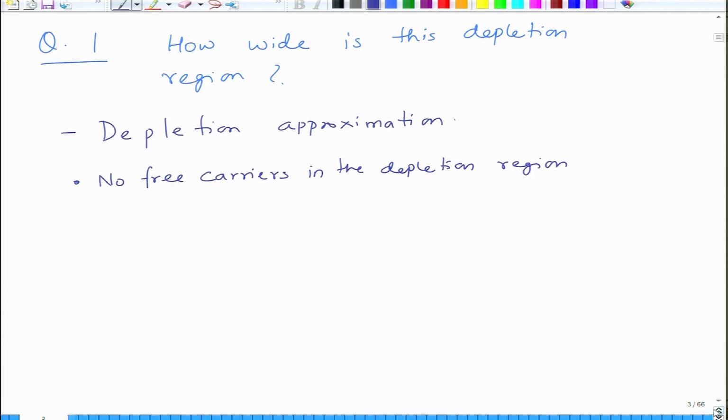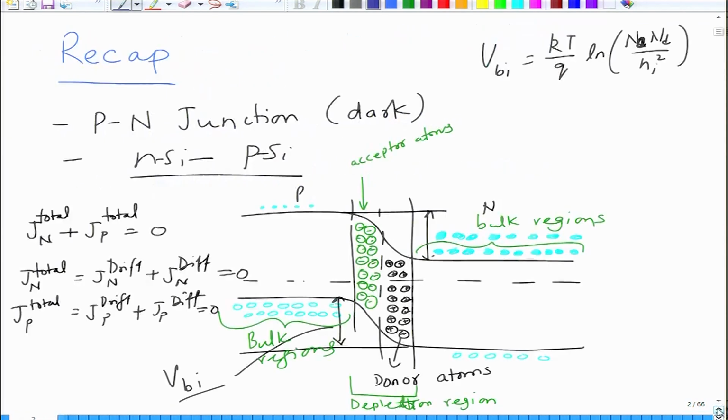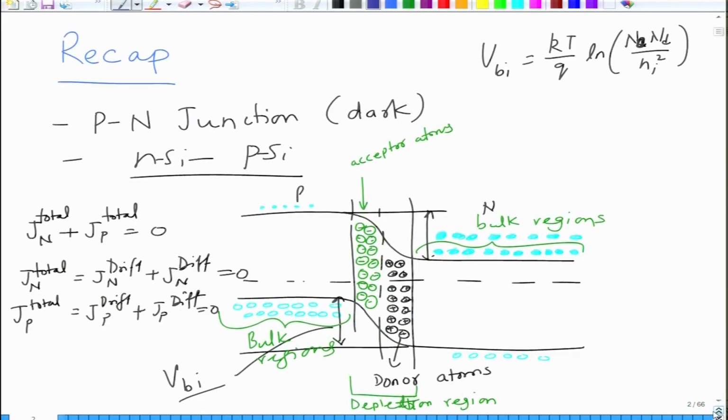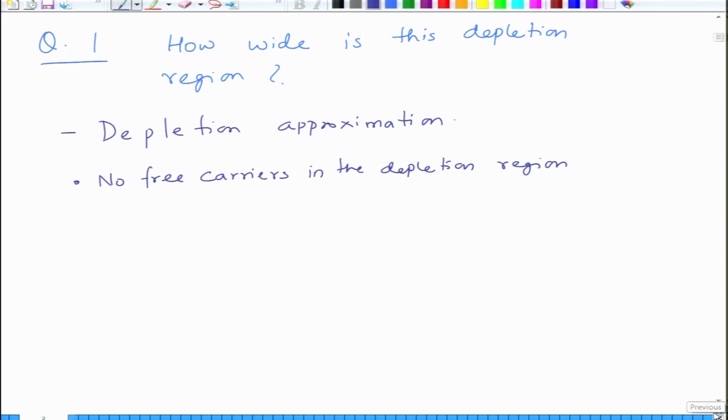By the way, if you want to go into details of this analysis, I would recommend you to go through the book. I'll write it here probably. I'll write it after this. So first is that there are no carriers in the depletion region.